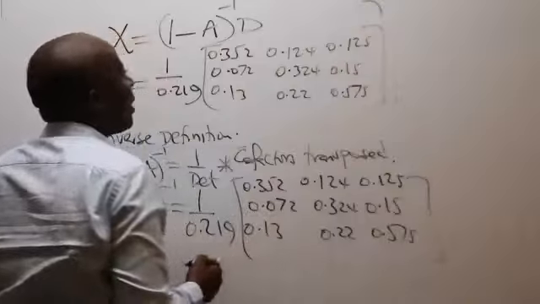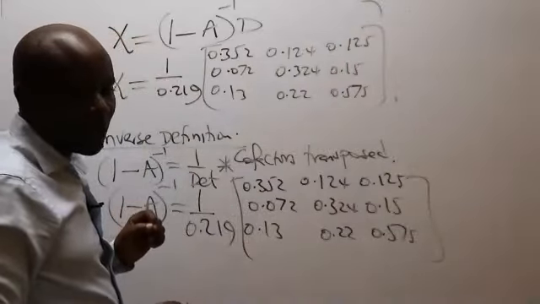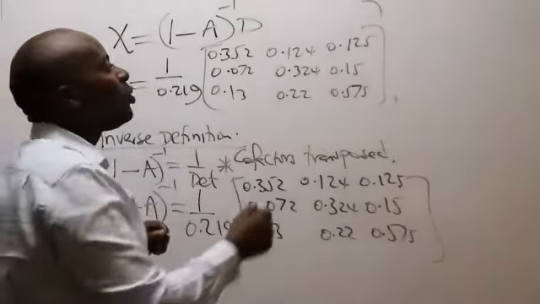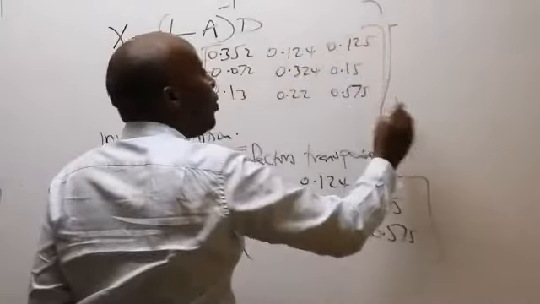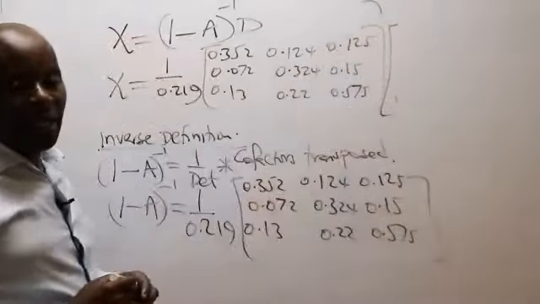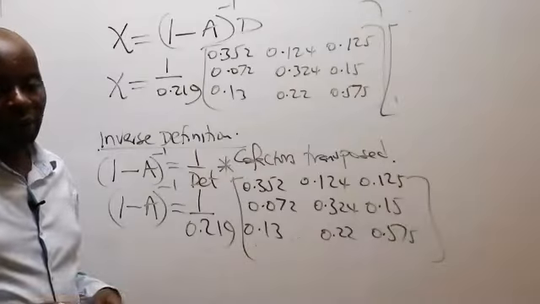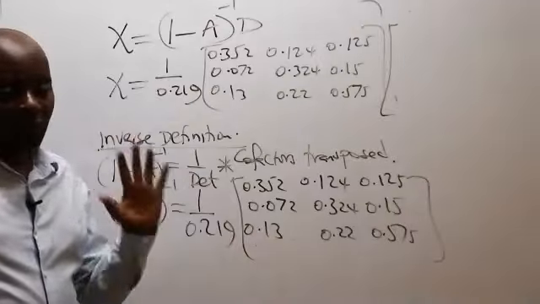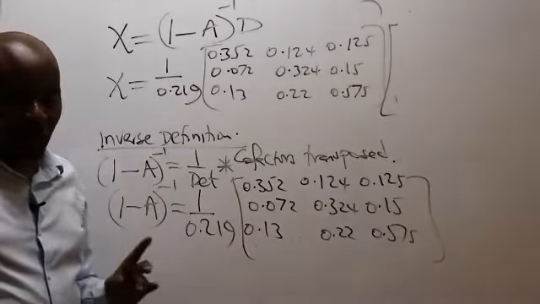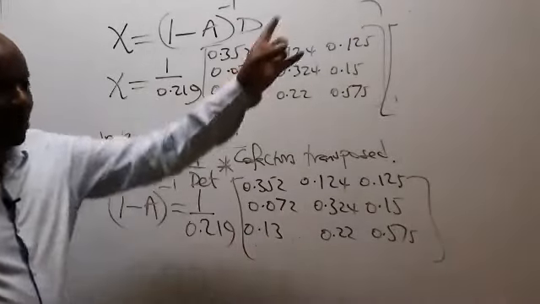So this is our I minus A inverse multiplied by our matrix D, the one that we gave you when we started the question, which you don't have now on the board. I deleted mine long time ago. So I would expect a good student to come and give me this matrix D.